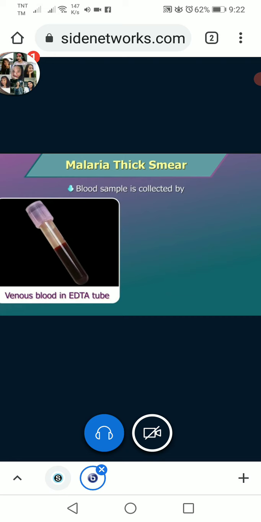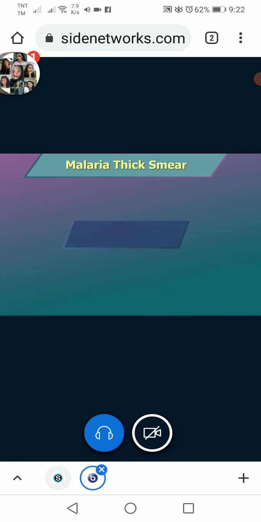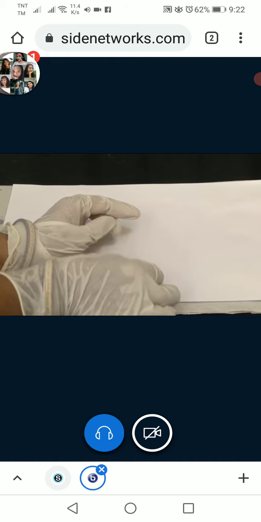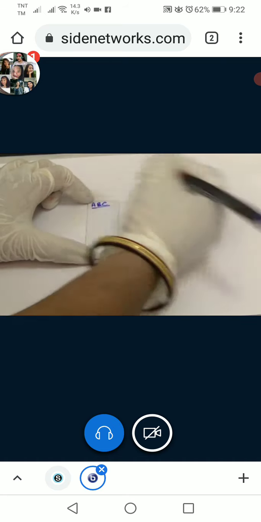Sample: EDTA whole blood venous sample or capillary sample. Equipment: clean, grease-free glass slides, applicator sticks. Preparation of malaria thick smear. Use universal precautions while preparing the smears for malarial parasites. Label a glass slide with sample identification number. Mix the sample by inversion. Open the cap gently and check for clots by dipping the applicator stick in the tube.